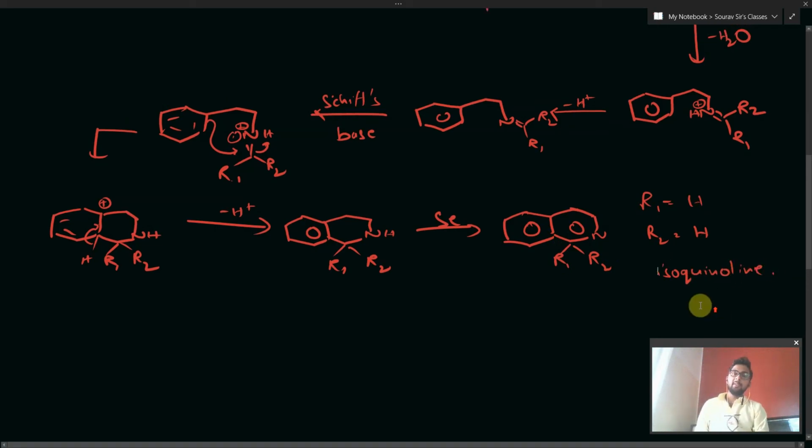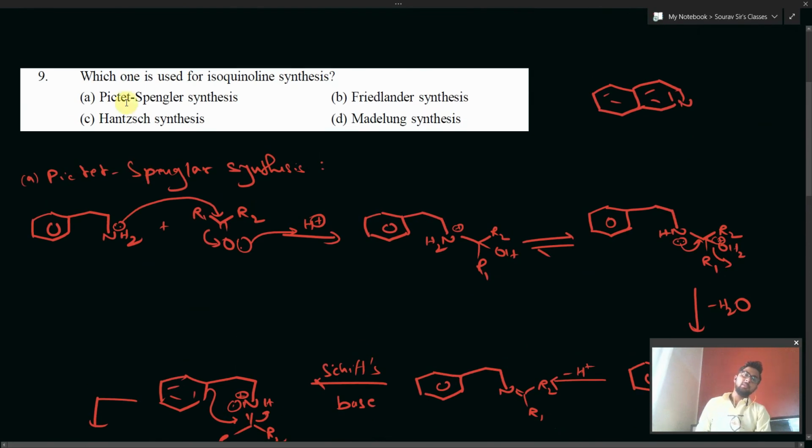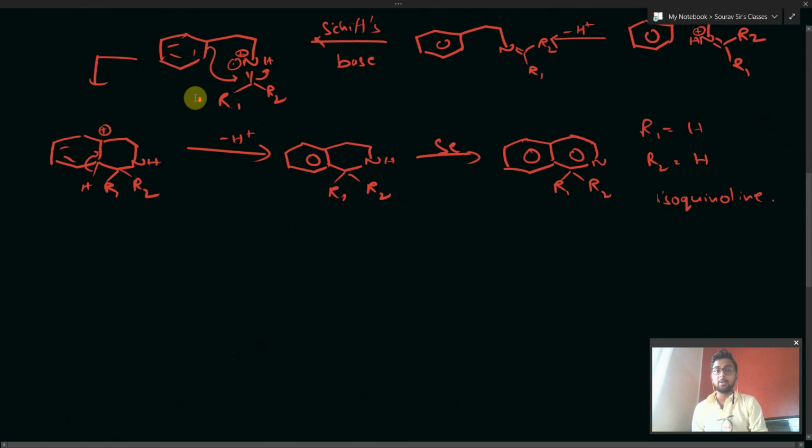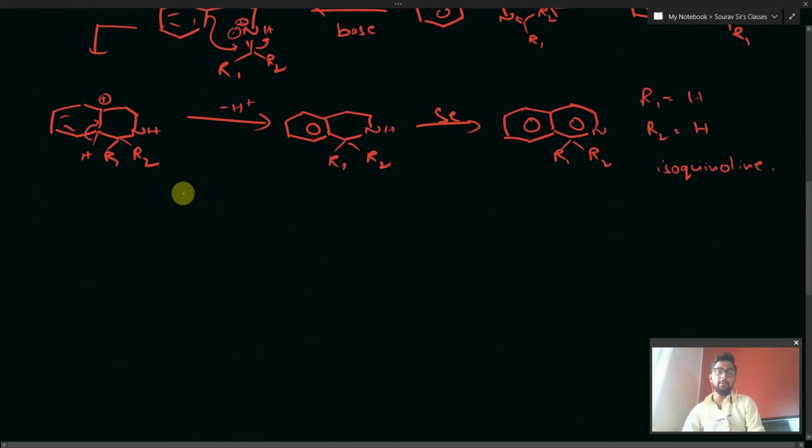So basically from the first reaction only, that is the Pictet Spengler synthesis, we are getting isoquinoline as a product. So it is easy to assume that option A would be the correct answer.